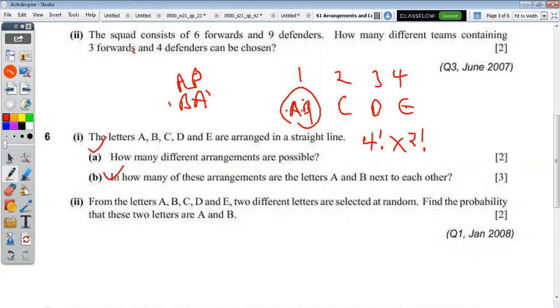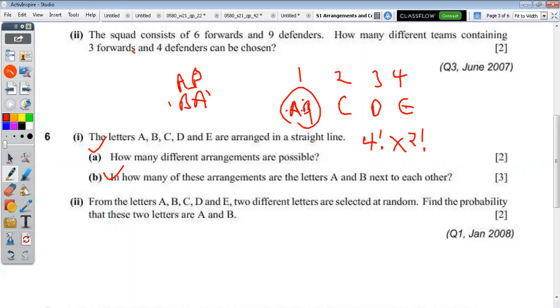So it's 4 factorial times 2. Sorry, the answer is 48. Are we together now? Yes, sir. So I understand now.